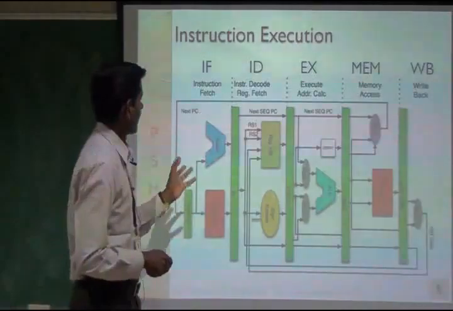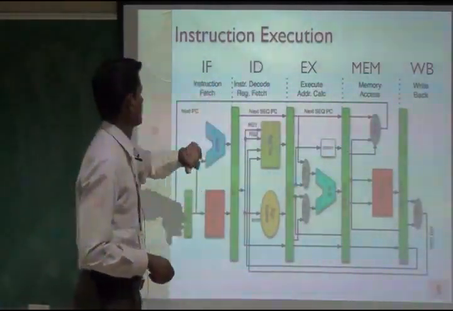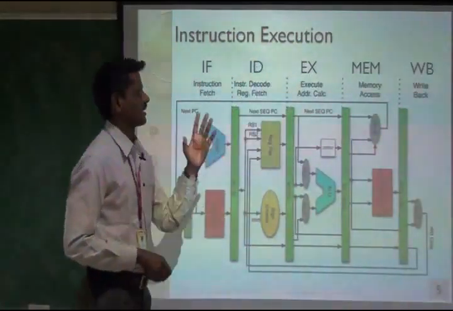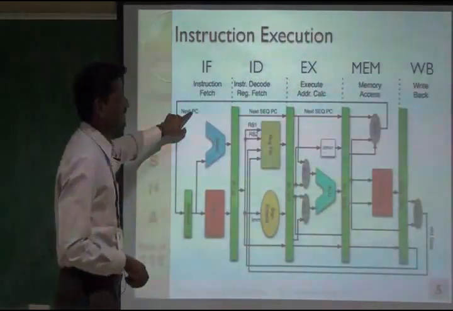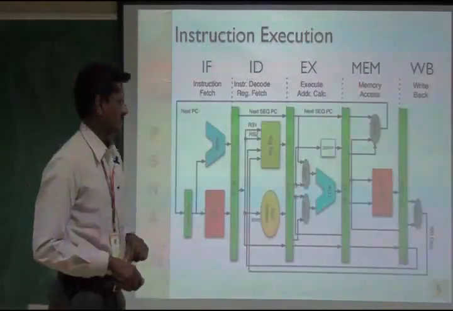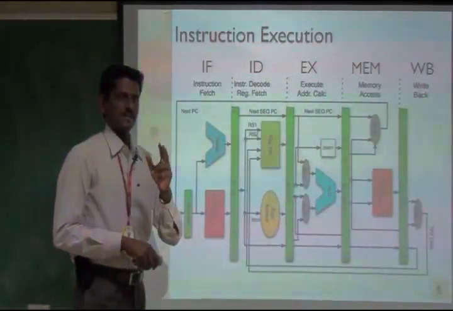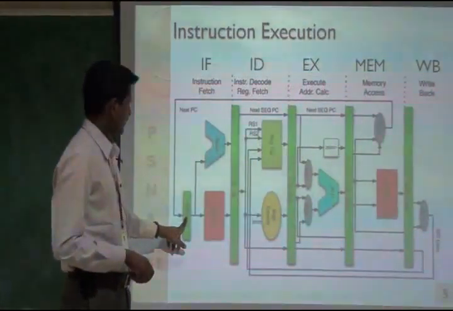Now an architectural view of the instruction execution, all the 5 stages: instruction fetch, decode, execution, memory and write back. So look at the diagram. The PC, another special purpose register, is the program counter, which maintains the address of the next instruction, and that is given to the address unit.